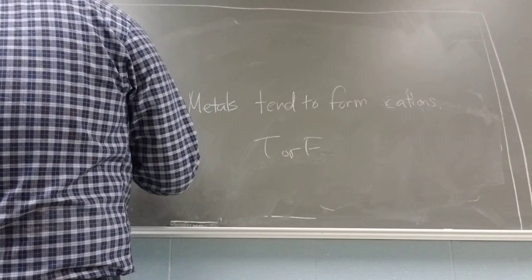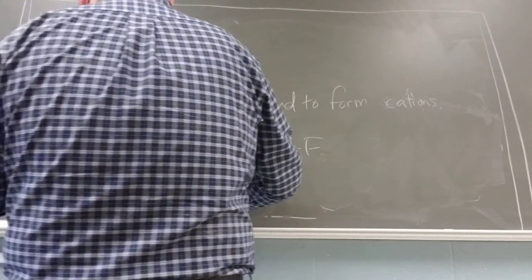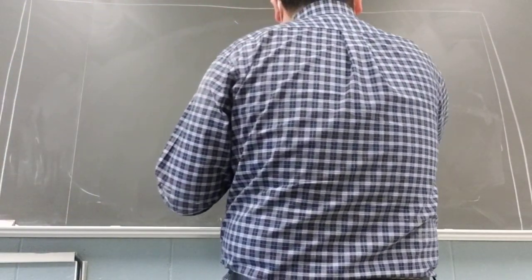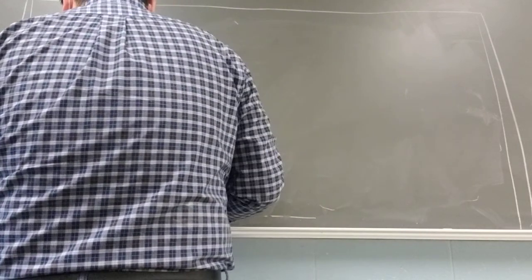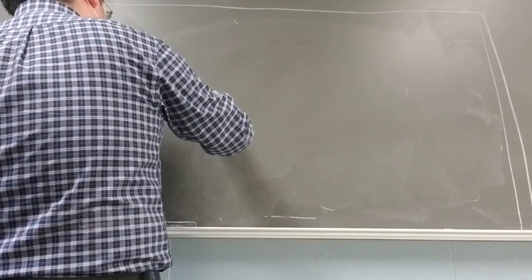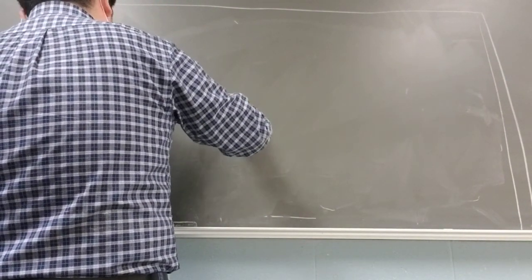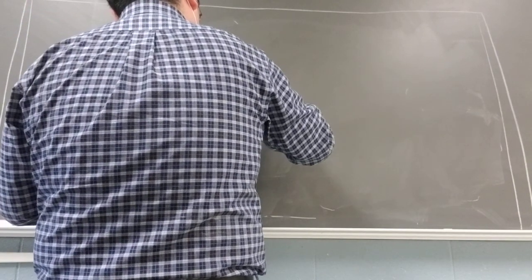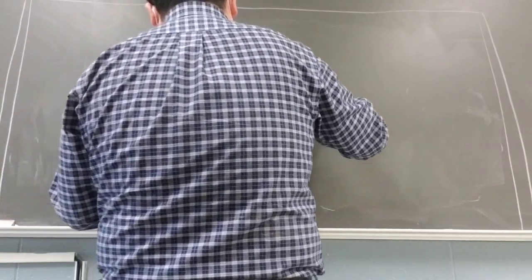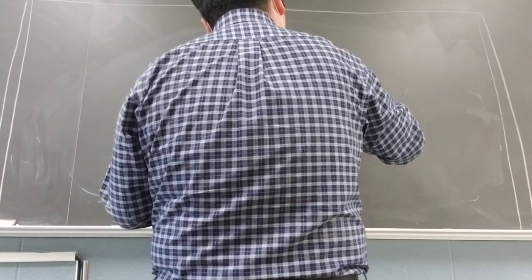Okay. Let's see. All right. So you have an alkali metal, and then an alkaline earth metal.